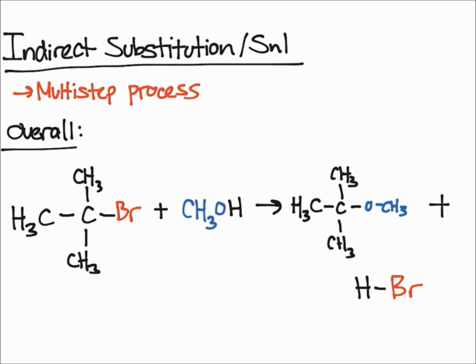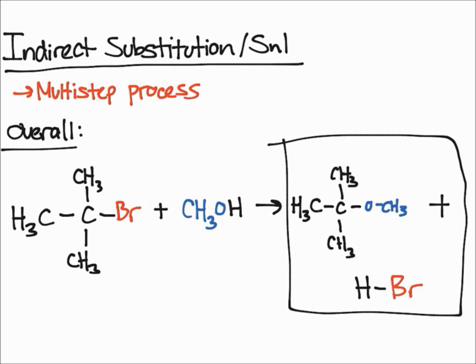Below, I wrote the overall reaction, so essentially your starting materials and your products. And I highlighted the bromine and the CH3O in different colors, so you can essentially follow what happens. And so these are your products right here.